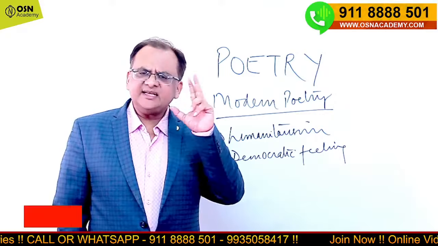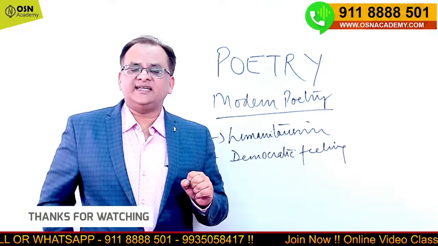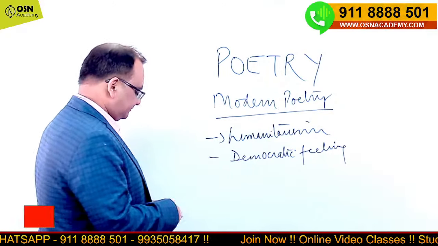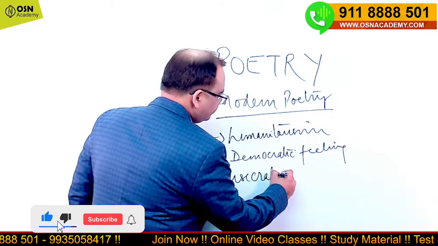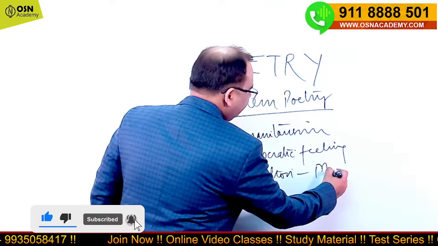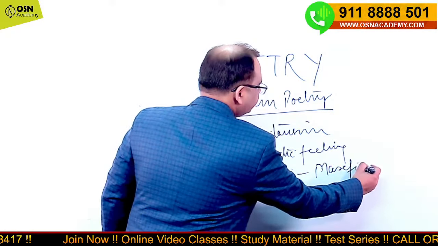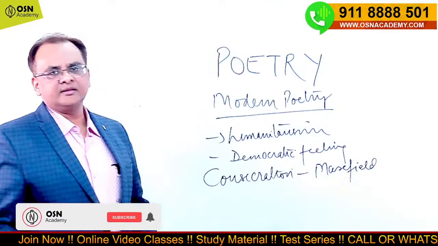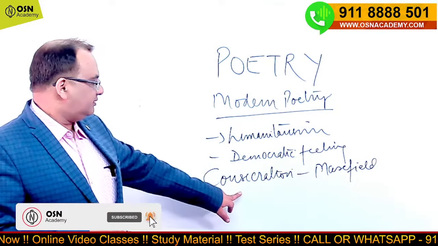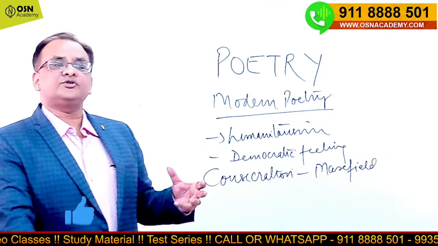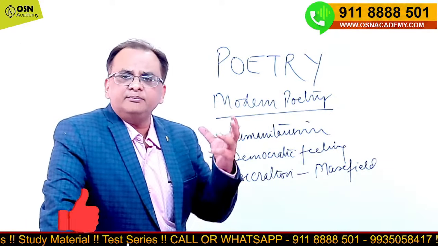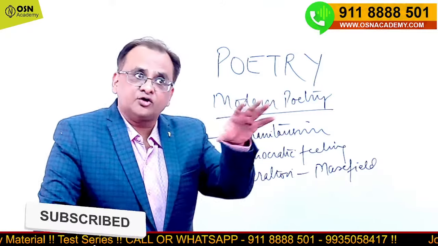Now, there is a poem known as Consecration. C-O-N. Who wrote this? Masefield. It is a representative poem bringing out the modern poets' concern with the life of the common people.